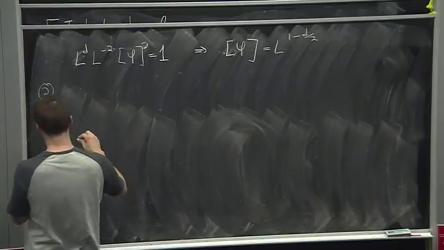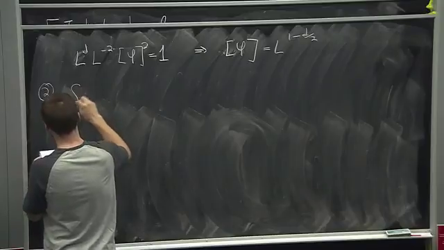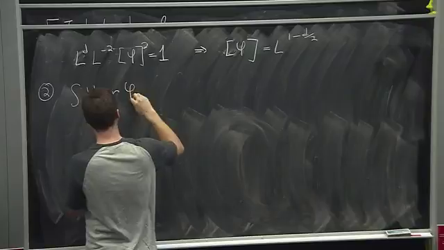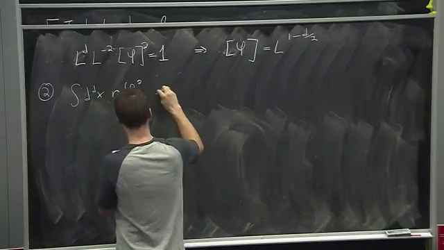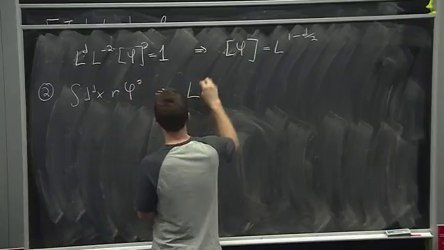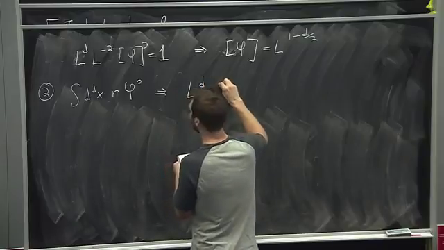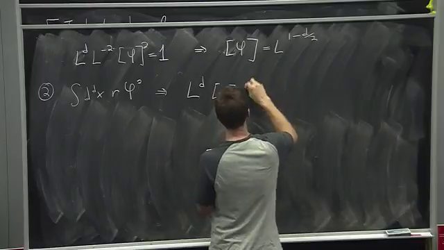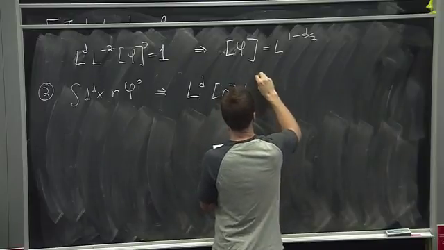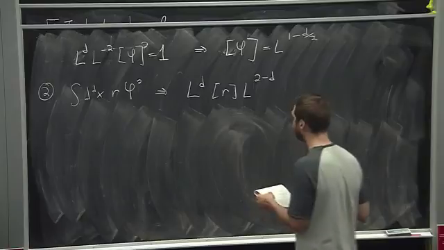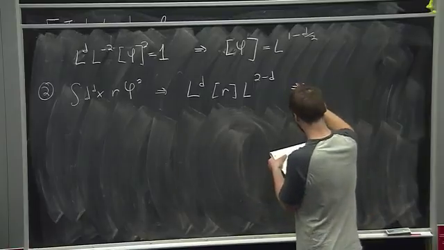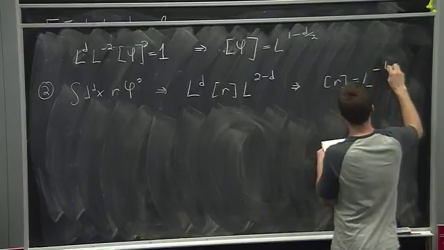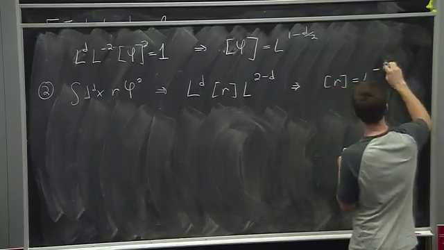That second term, which is r over 2. The 2 doesn't matter, but we need to know the dimension of r. So I have L to the d from the integration variable. The dimension of r I don't know. And I have phi squared, which is L to the 2 minus d then. So that implies the dimension of r is inverse length squared.